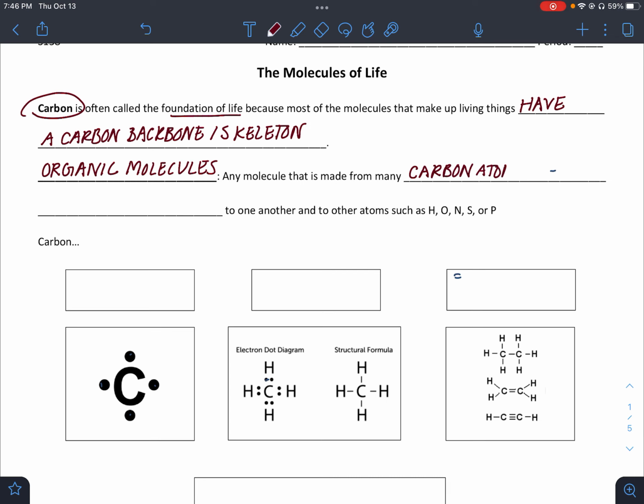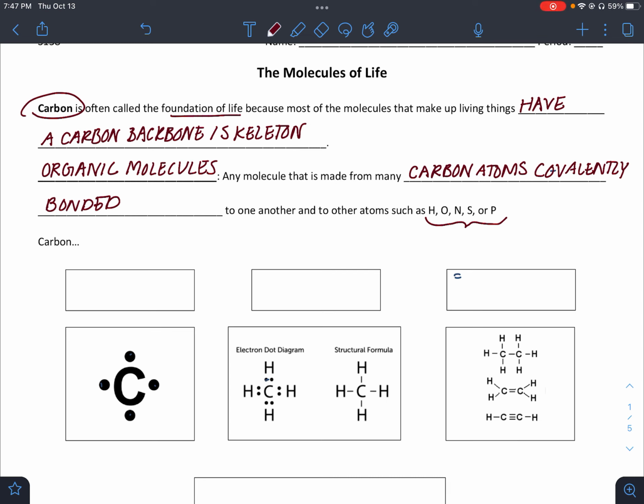So carbon atoms that are specifically covalently bonded to each other. All right. And then to other nonmetals like hydrogen, oxygen, nitrogen, sulfur, phosphorus, those things are going to be our organic molecules.